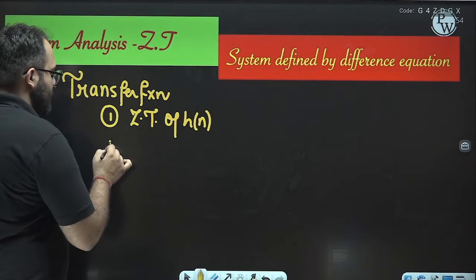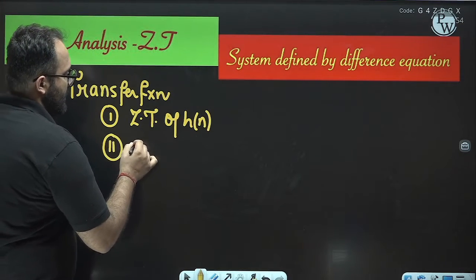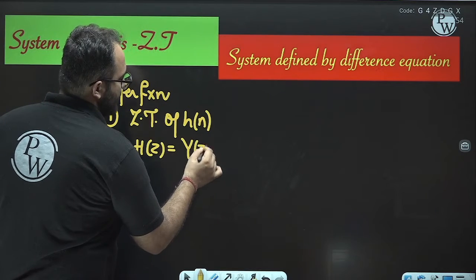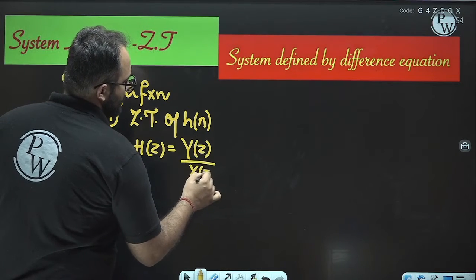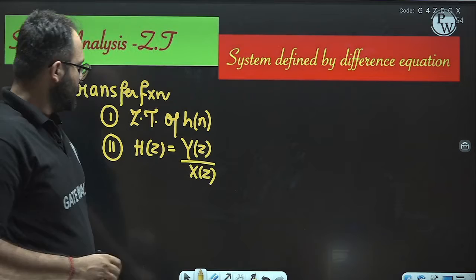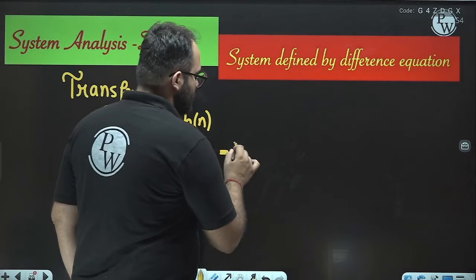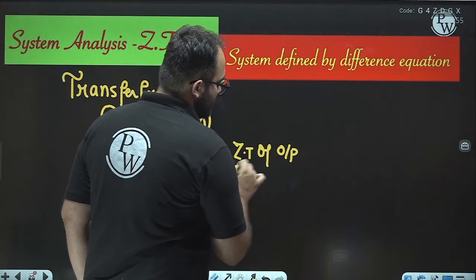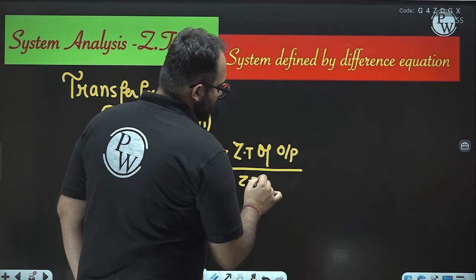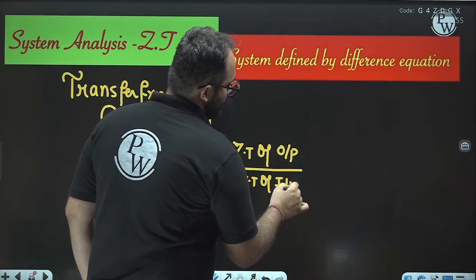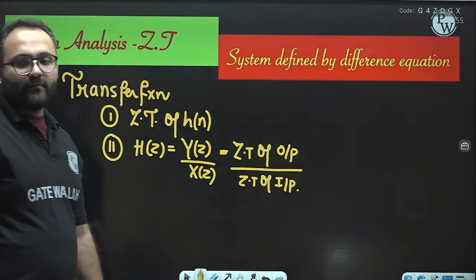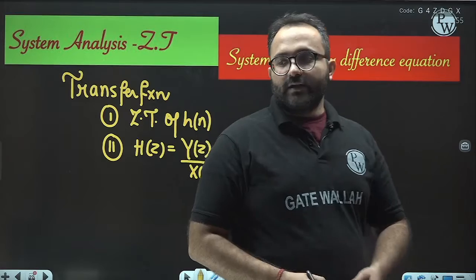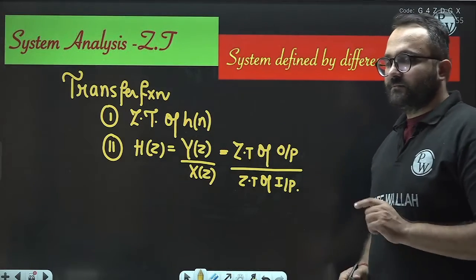Second, H(z) is equal to Y(z) upon X(z), that is, the Z transform of output divided by the Z transform of input is the transfer function of the system. Great. So you have to remember this.